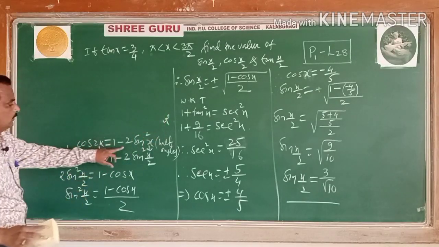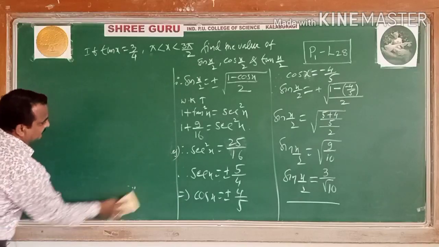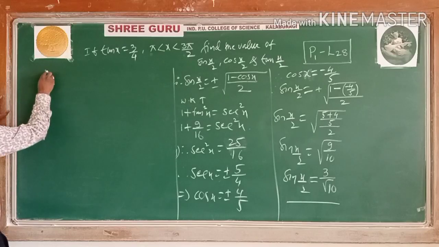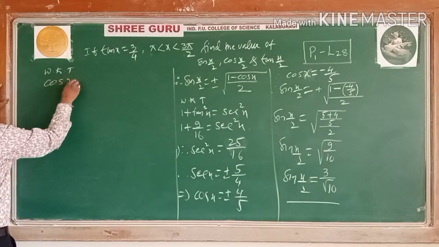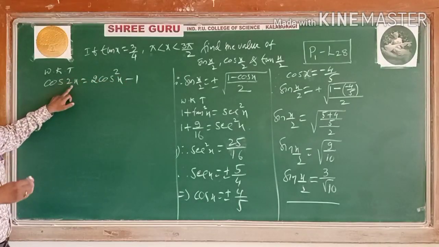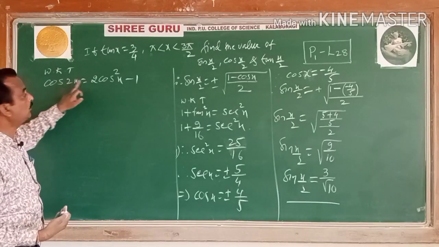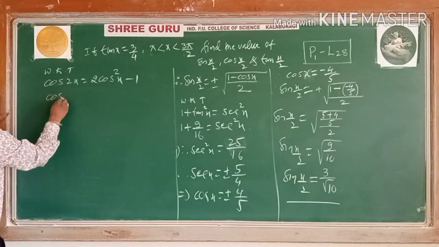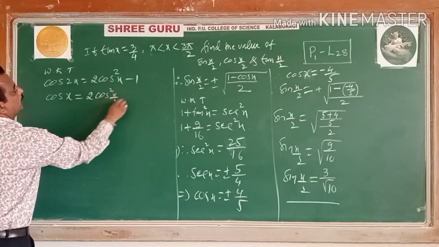What we have taken for sin x by 2, in terms of the sin formula I have taken. Let us see what you have to take for the cos. Now see, students, to find this cos x by 2, you have to consider cos 2x, which is 2 cos square x minus 1. Because it is easy to reduce half angles, in terms of cos, cos x equals 2 cos square x by 2 minus 1.